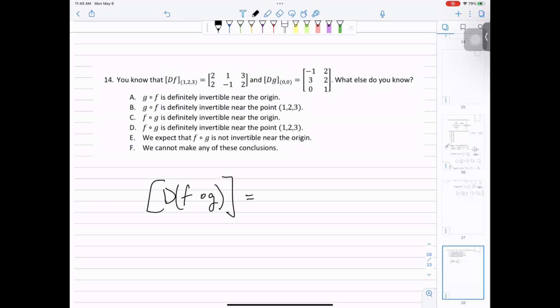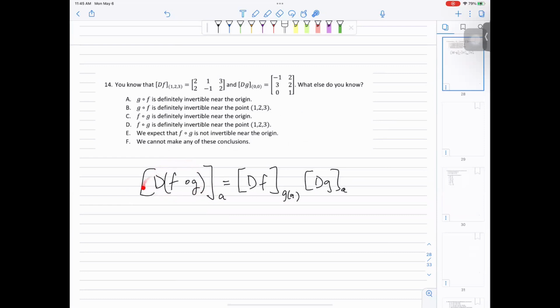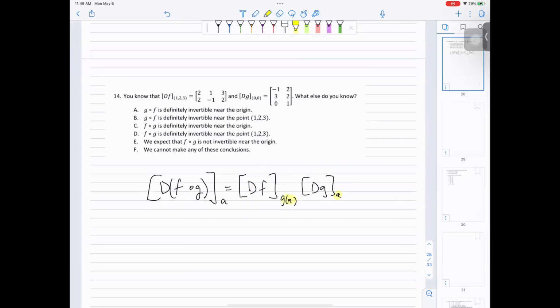And what is the derivative equal to? By the chain rule, at some point, it's equal to df at g of a times dg of a. So before I even see if it's invertible or not, I have to be able to compute this first. If I can't even compute this, then I can't test if it's invertible. I can't even know what its derivative is. So we need to be able to calculate this, meaning these inputs must be matching.